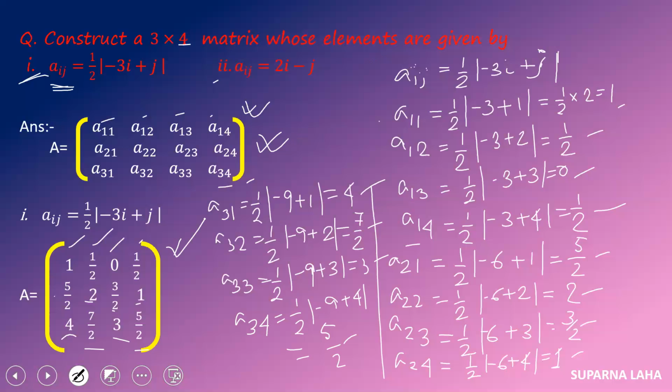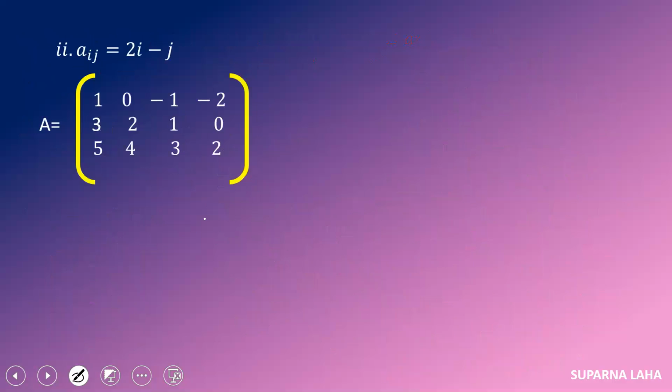Now the next representation is Aij equal to 2i minus j. In a similar manner, find the values. A11: 2 into 1 minus 1, that is 1. A12: 2 into 1, that is 2 minus 2, that means 0.